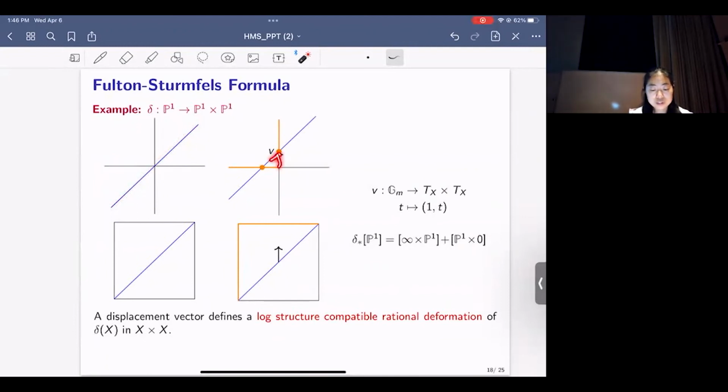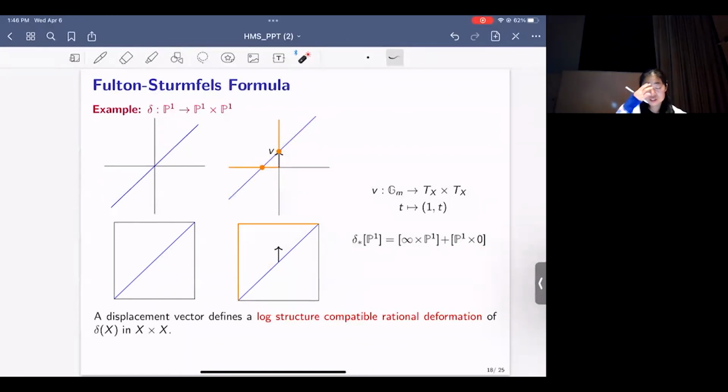We pick a generic displacement vector and move along that vector, and we can read off the strata that will contribute to the limit, taking the intersection points with these two rays. We get the push forward of P1 equals infinity times P1 plus P1 times 0 by this fan displacement rule.